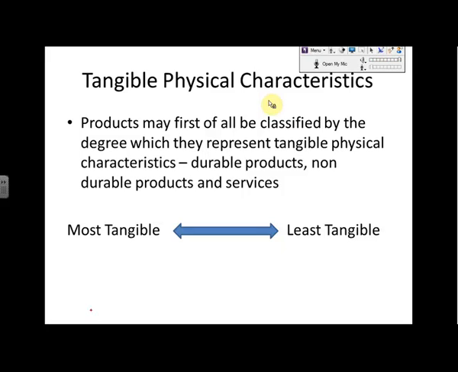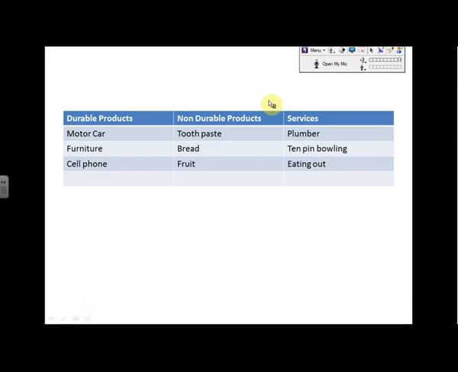Hence, when you look at a motor vehicle, it is a durable product. When you look at furniture, it is a durable product. When you buy it, you know that it is able to last for at least 4 or 5 or more years. Now, when you look at non-durable products, we are looking at products like toothpaste, bread, fruit, right?